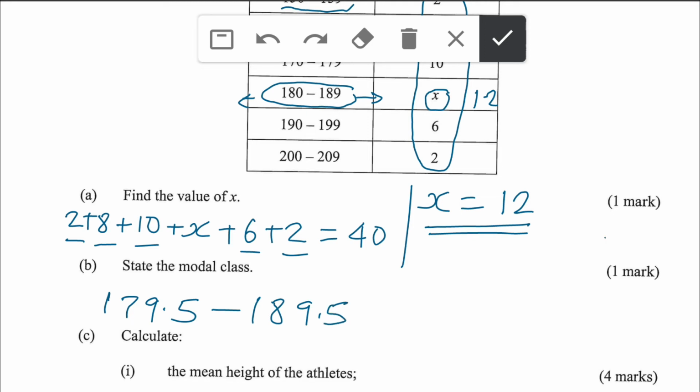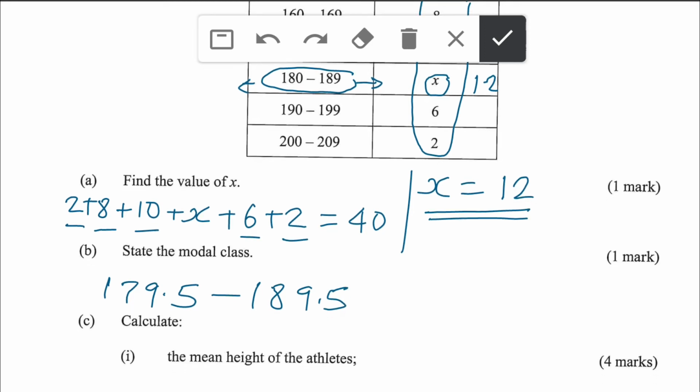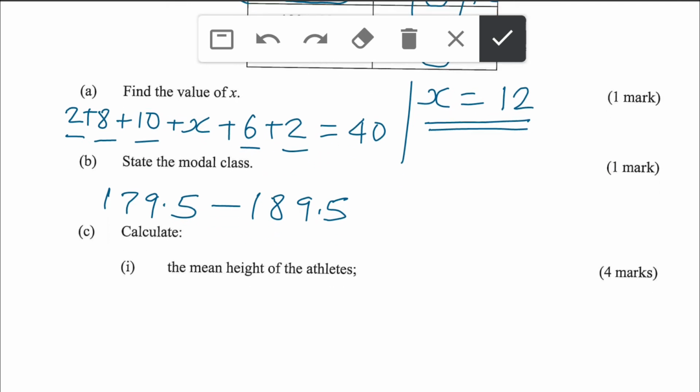So the model class is 180 to 189, but more precisely 179.5 to 189.5. Part C. Calculate the mean height of the athletes.